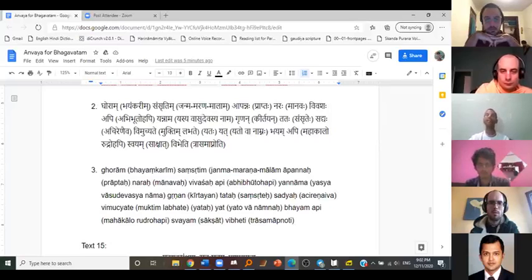And immediately he was released from the Yamadutas by the holy name, which called the Vishnudutas, who helped him. Because the Yamadutas and Yamaraja also fear their master and his name. So quite interesting that this verse, in the very beginning of Bhagavatam, is explaining indirectly about Ajamila, as per Sridhar Swami and Vishwanath Chakravarti Thakur.